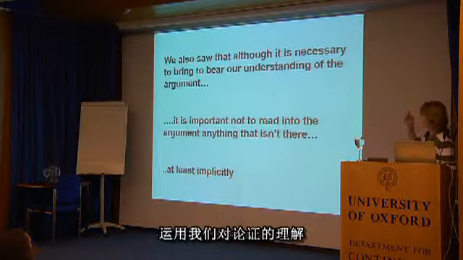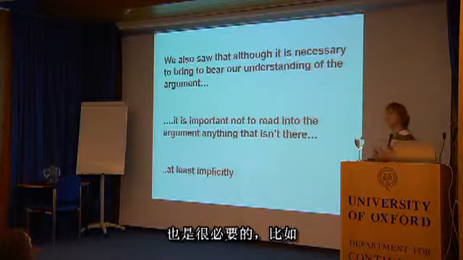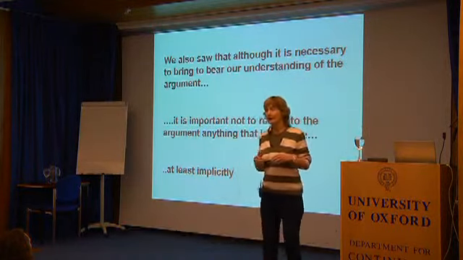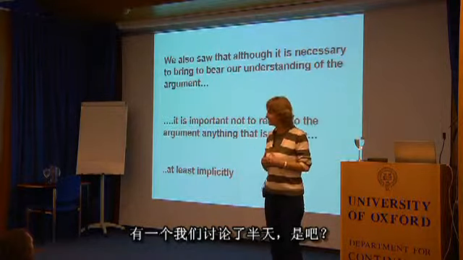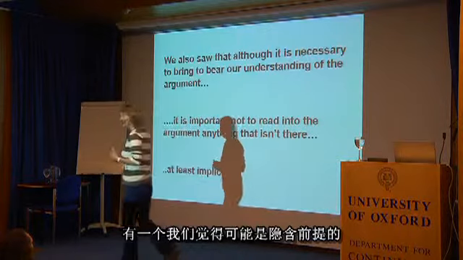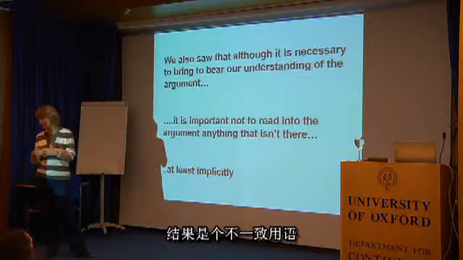We also saw that it's necessary to bring to bear our understanding of the argument. For example, do you remember the suppressed premises that we added last week? I mean, we had quite a tussle with some of them, didn't we? Some of the things that we thought might be suppressed premises turned out actually to be a matter of inconsistent terms or something like that.